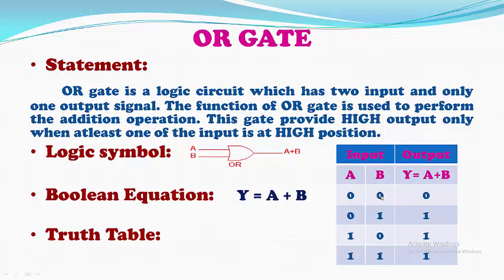So 0 plus 0 will be 0, 0 plus 1 will be 1, 1 plus 0 will be 1. Here in binary, we can't take 1 plus 1 as 2, as we consider the value one to be the LED on position. So if both LEDs are at high position, then at the output side the addition result is also high. So to conclude the function of this OR gate, this gate provides high output only when at least one of the inputs is at high position.